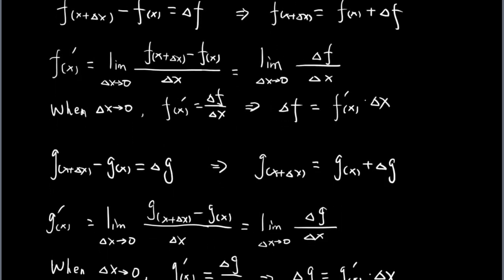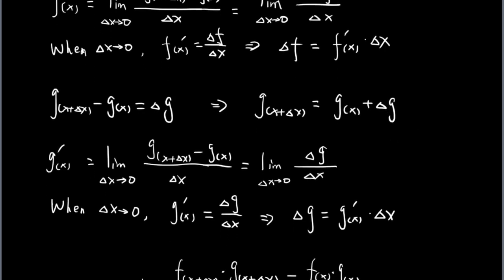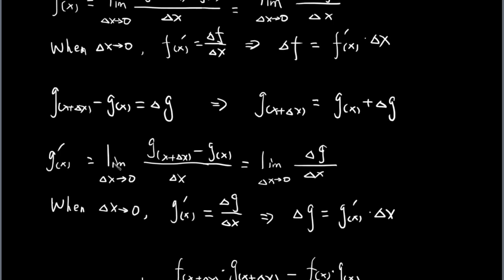So, as before, this minus g of x equals delta g, and this equals g of x plus delta g. g prime of x equals the limit of this as delta x approaches 0.